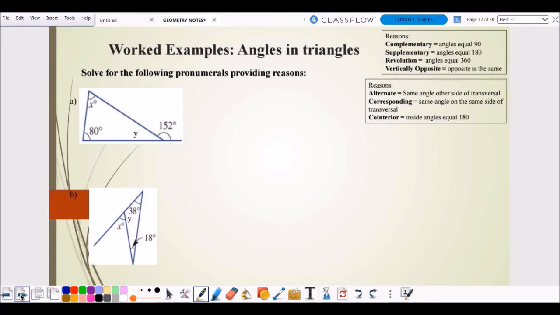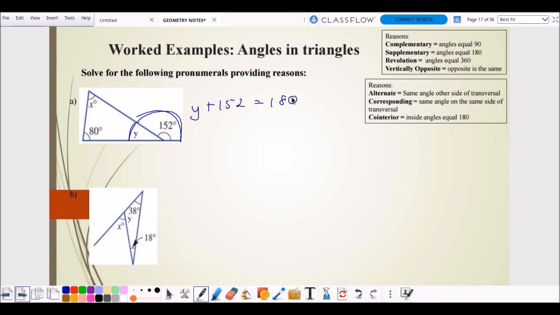Let's look at this. For example, 152 degrees here. We're going to start with y. That angle there, all the way here, should equal 180. So 152, and that's y. That means y plus 152 must equal 180 degrees.